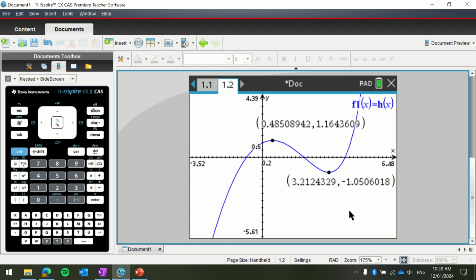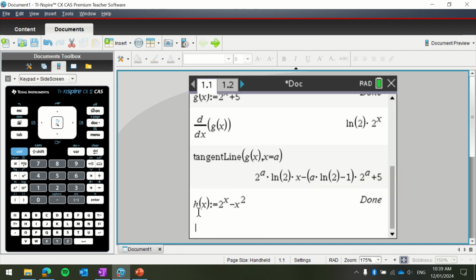I'm not sure exactly what, but they're either using some sort of floating point approximation, or even worse, they're using pixels to pick points. So my suggestion to you is always to go to the calculation page and find the turning points that way.